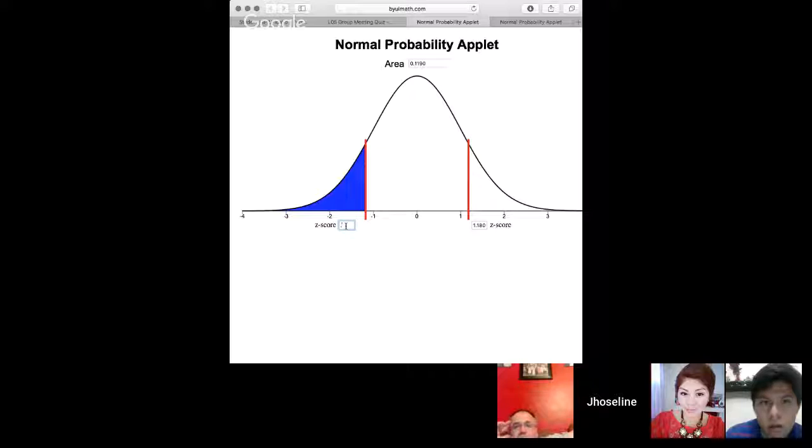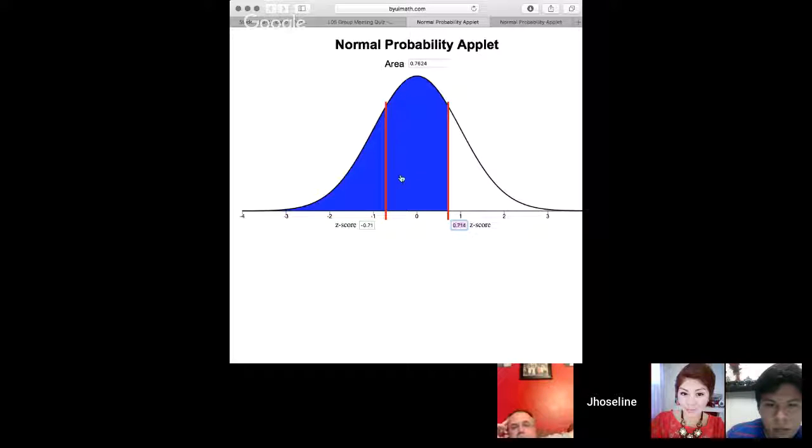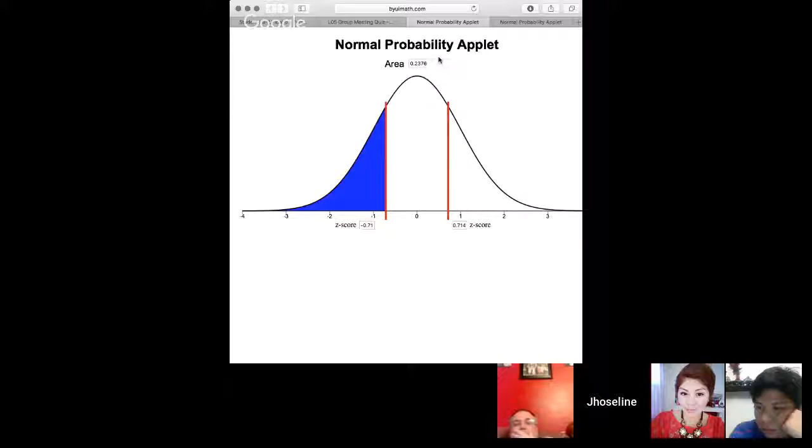So the z-score was 0.7142829. Put that exactly in, and we're trying to figure out what is less than 60. So we cancel that out, and it's only this part. So that's where they get the 0.238. Right. Oh, okay.